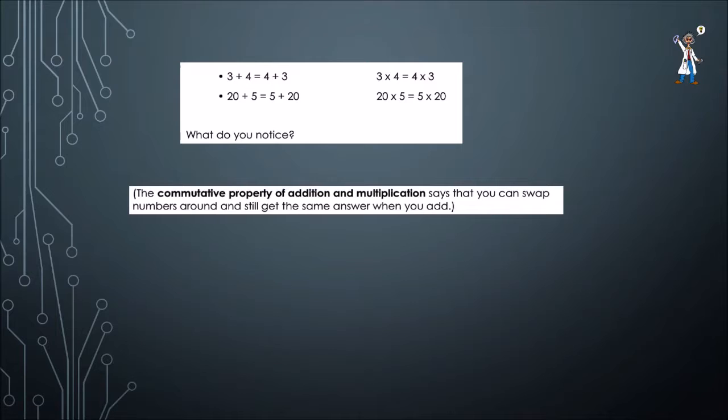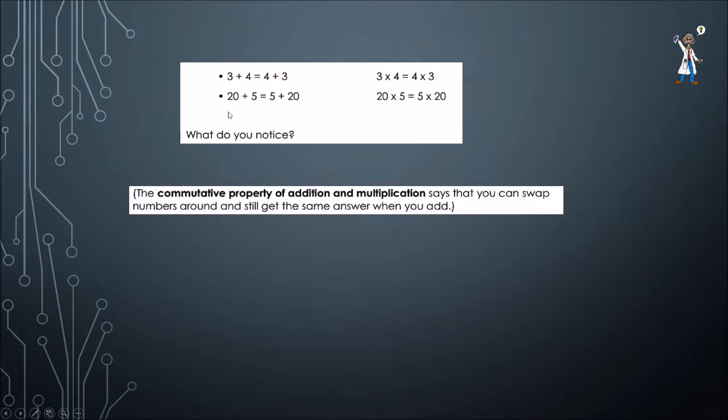Let's look at a few more examples. If what we said is true, then 3 plus 4 should be equal to 4 plus 3. And yes, it is. They're both equal to 7. The same here. 3 times 4 is 12, and 4 times 3 is 12.